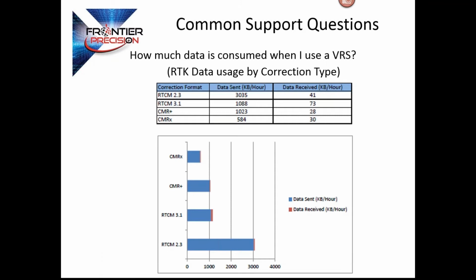You can see the CMRX message is quite small compared to the old RTCM 2.3, which we do not recommend using. RTCM 3.1 is much smaller, closer to CMR Plus. And you can see that data over an hour period varies by satellite, but it's around the 1,000 K per hour or less range. And if we look at this in a slightly different slide, we'll change slides here.